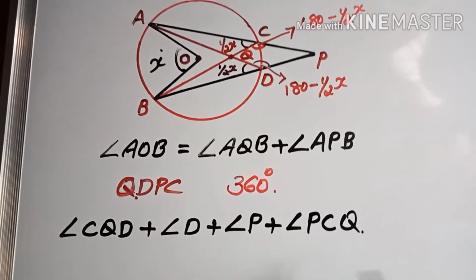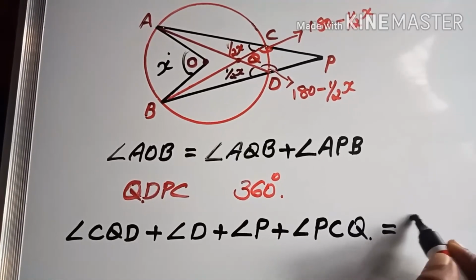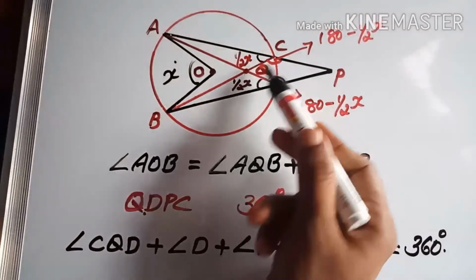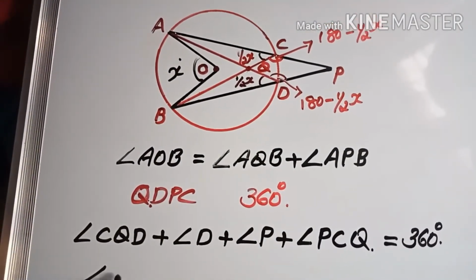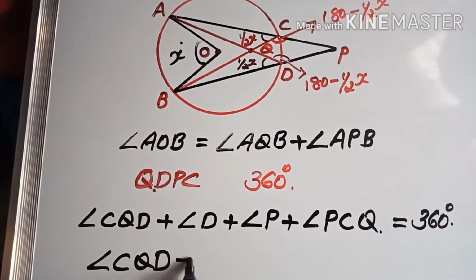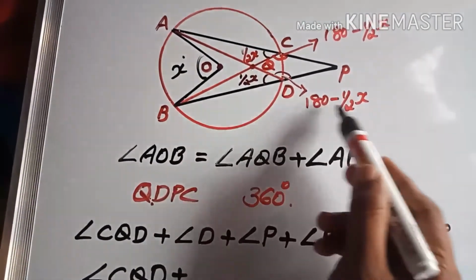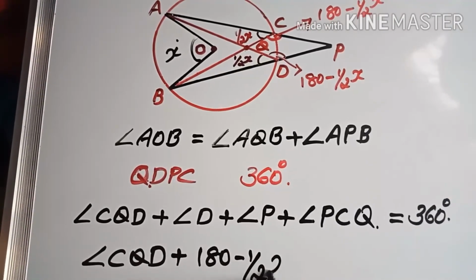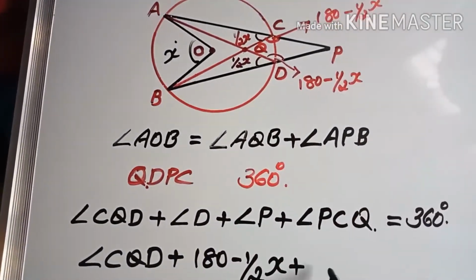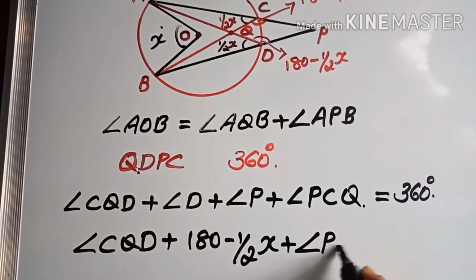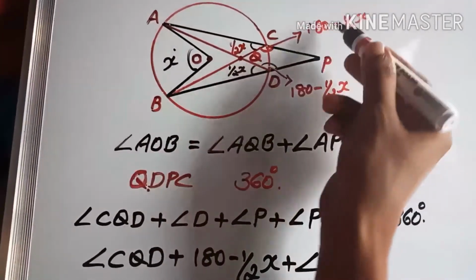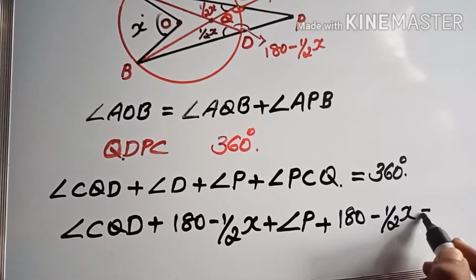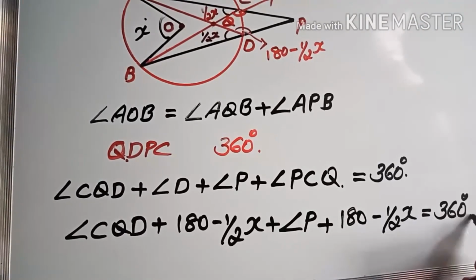Now the sum of all these will be 360 degree. Angle CQD we don't know, so just write it as angle CQD, plus angle D, which we know is 180 minus half x, plus angle P, which we also don't know, so just write it as angle P, plus angle PCQ, which we know is 180 minus half x, equal to 360 degree.